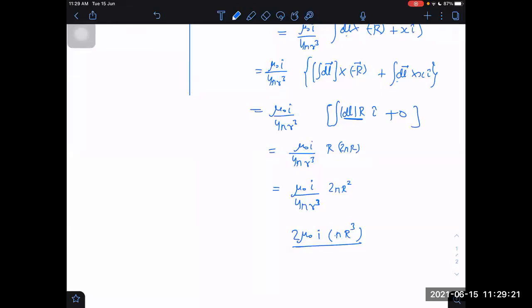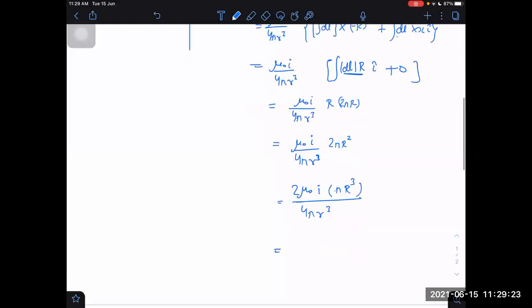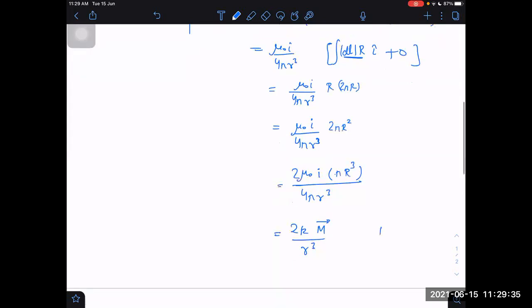My main aim was to write it as 2 into K into magnetic moment divided by R cube. Magnetic moment is current into pi R square.